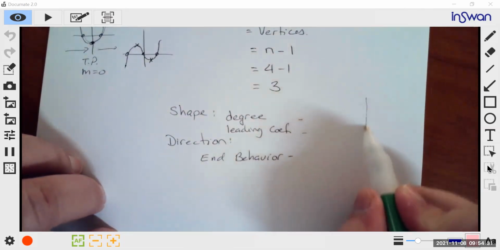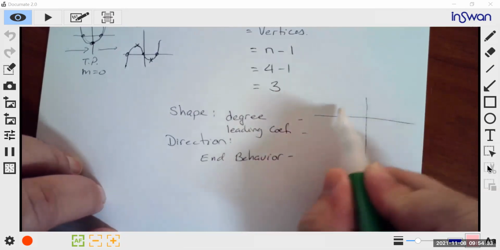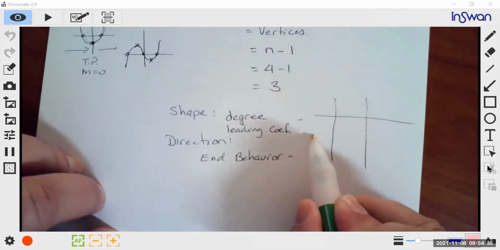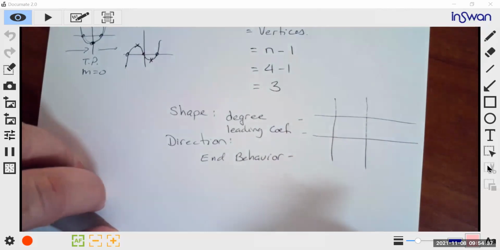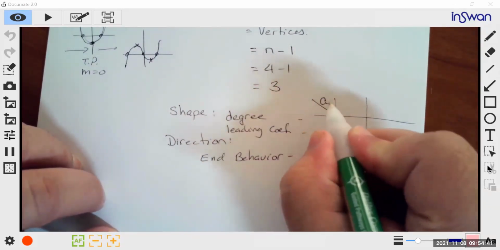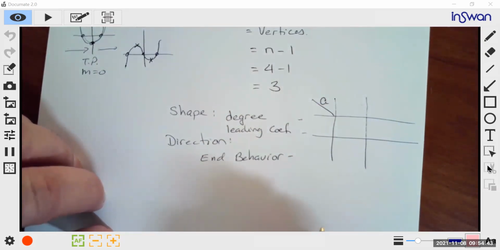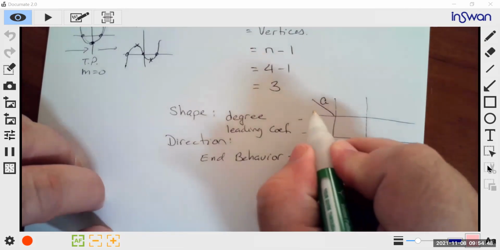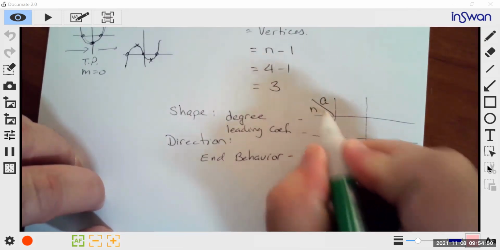Let me show you here. A little table. All right, so this is going to be my a, my coefficient. This is going to be my n.